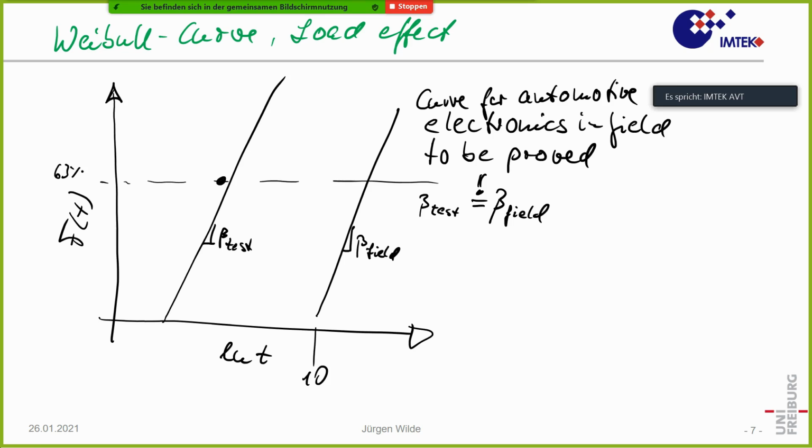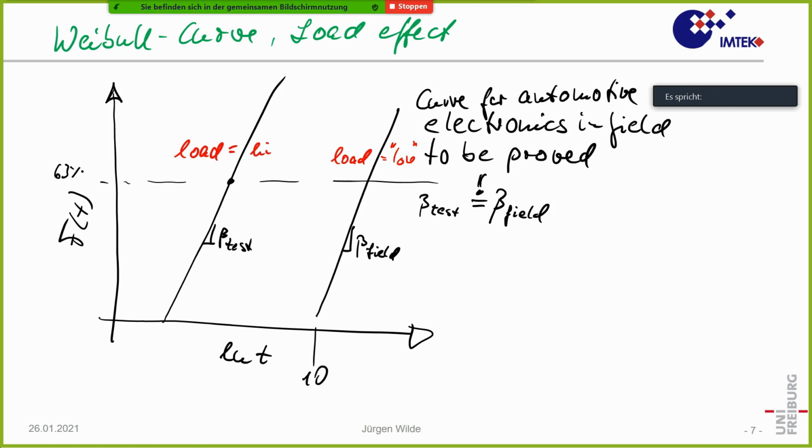And a relatively easy way of testing for this condition is when the slope of the Weibull curve is the same. That's a good hint that you still have the same failure mechanism. But you must not extrapolate between different failure mechanisms.